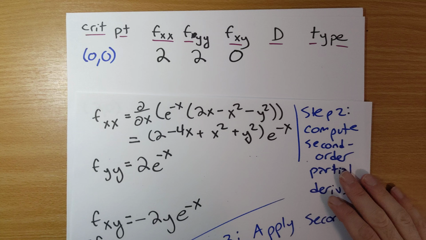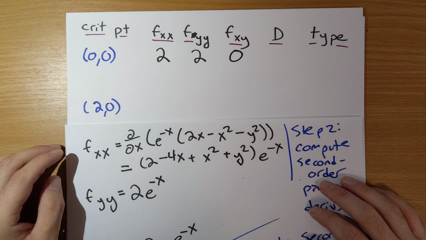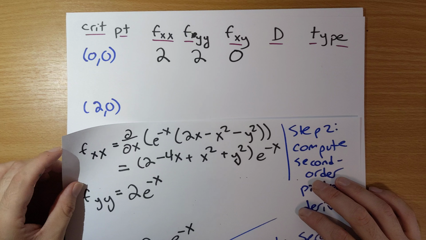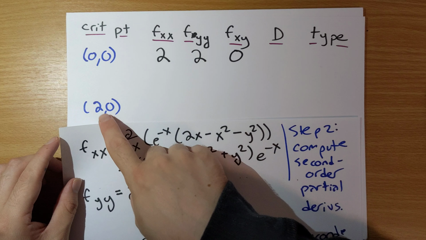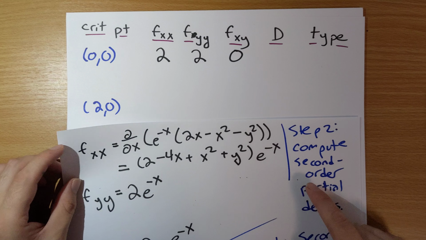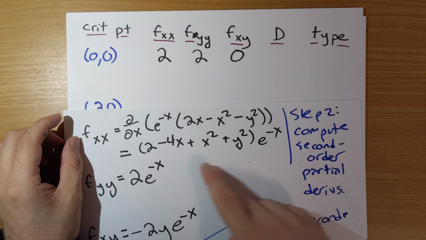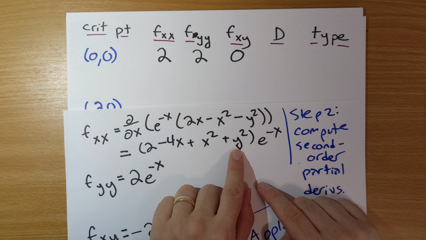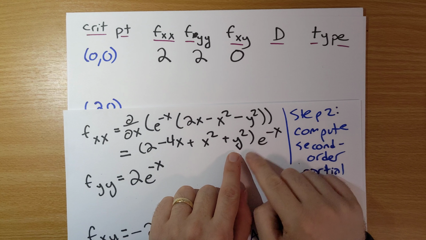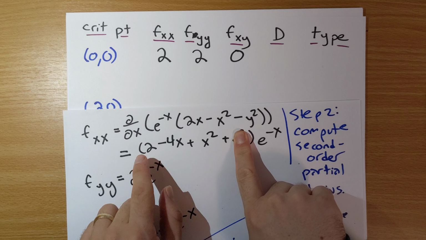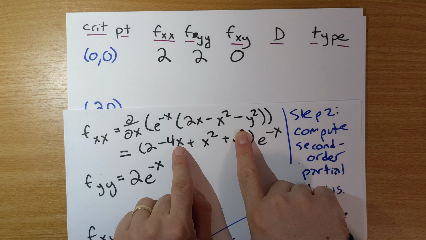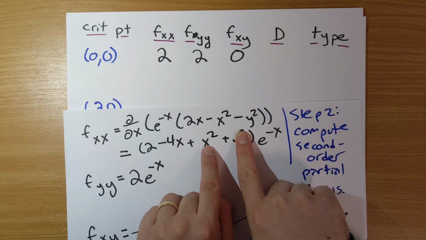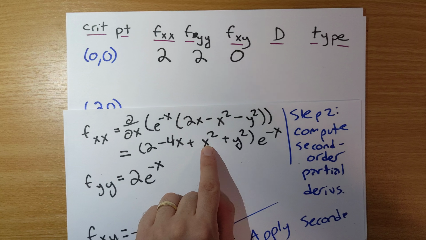Okay, how about for (2, 0) here? When we plug in 2 for x and 0 for y, so this would be 0, we'd have 2 minus 4 times 2 is 8, 2 minus 8 is negative 6, plus 4 is negative 2, e to the negative 2.